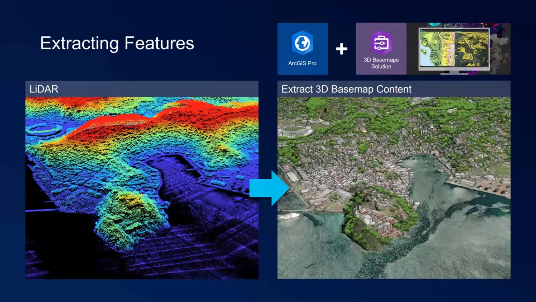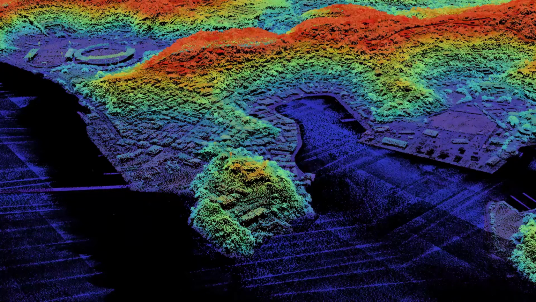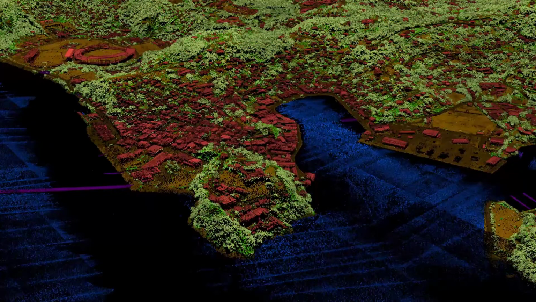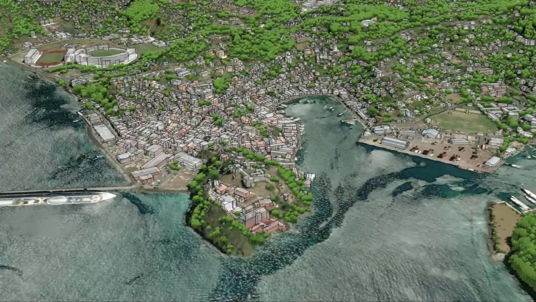Additionally, you can take advantage of ArcGIS Pro and the 3D base map solution to help streamline the workflow of classifying your LiDAR data and extracting your 3D base map data for your digital twin. Beginning with your existing LiDAR point cloud data, automatically detecting and classifying features, to extracting and supporting hybrid visualizations of your data, or simply extracting the schematic capabilities and visualizations for 3D models.